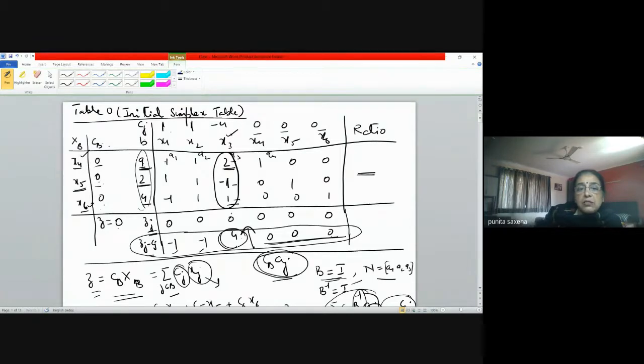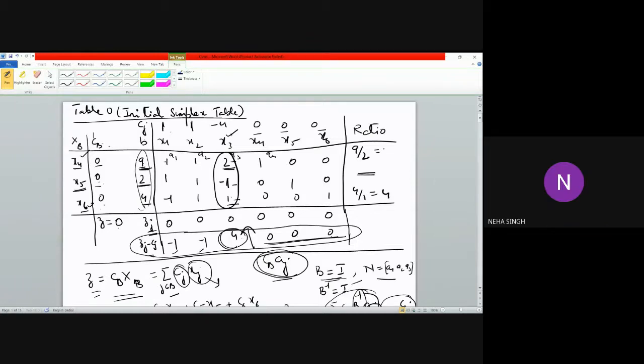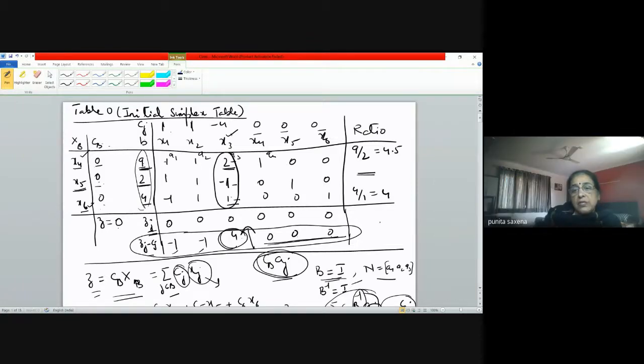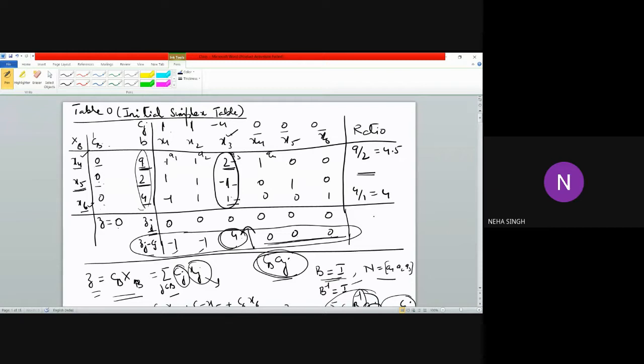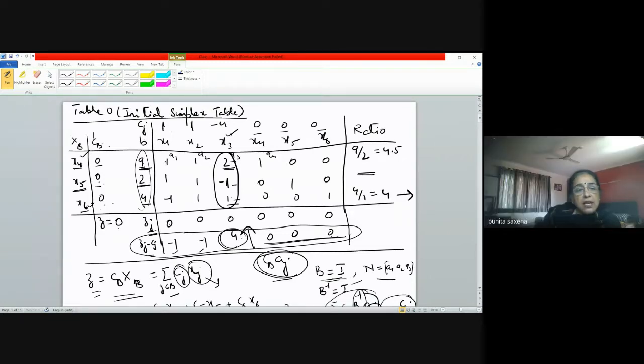Okay. So this is going to define the ratios here. It's going to be 9/2 and 4/1. Now out of these two, which is minimum? How much is 9/2? 4.5. And this is 4. So which one is minimum? 4. So that means x6 leaves the basis and x3 enters the basis.